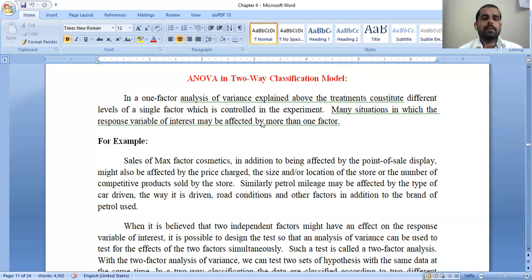In this example, they are saying Max Factor cosmetic, any cosmetic which you apply for your facial, may be affected by the point of sale, that is, your location, and may be affected by the price also, and the size or the location. If the demand is high, then immediately the product will be sold out.